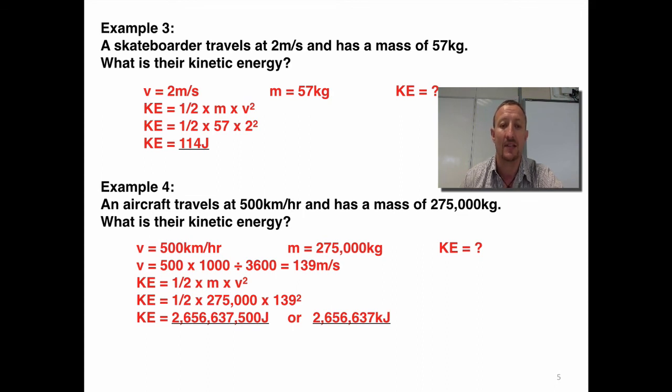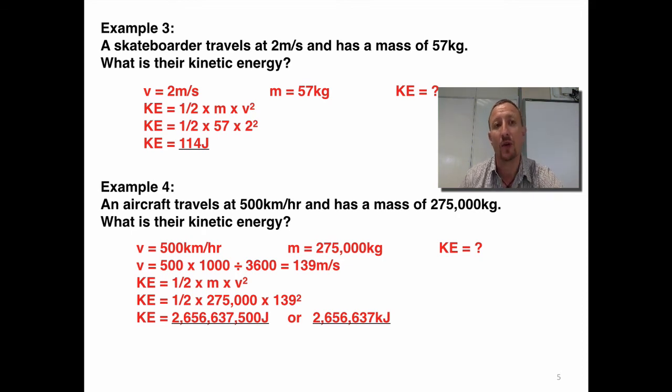And that comes out as 2,656,637,500 joules, or if I convert it into kilojoules, it's 2,656,637 kilojoules. That's a massive amount of energy in an aircraft, but it makes sense why the number is so big, because the aircraft is going very, very fast and is very, very heavy.